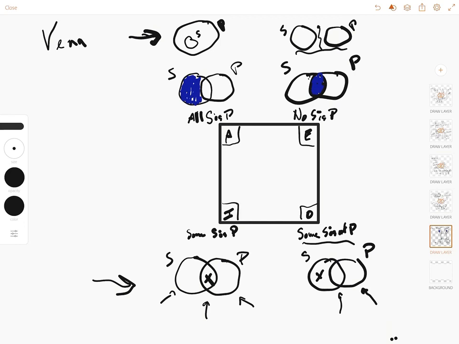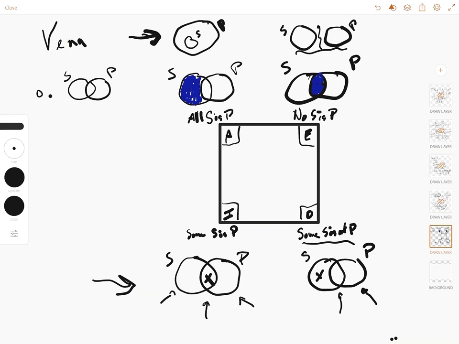So as I have gone through this sort of intuitively, what we've come up with is a diagramming system that has these steps. Step 0, we're going to use the empty schema, and that's going to be two overlapping circles with the subject term and the predicate term in the order that they appear in standard form.